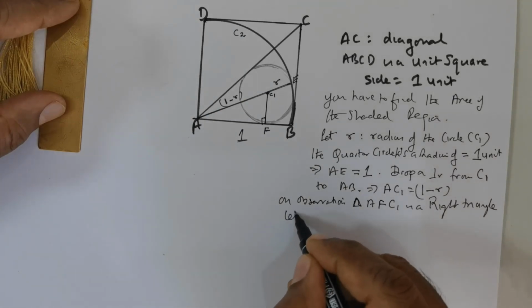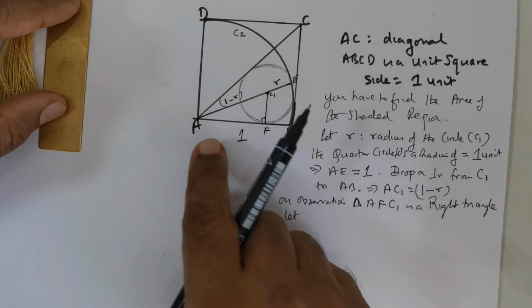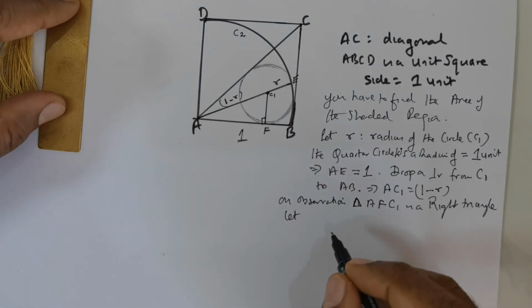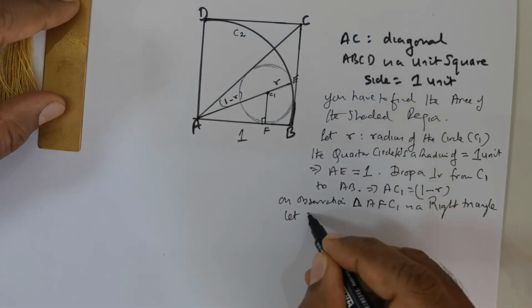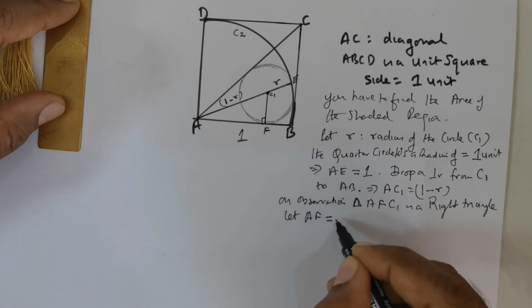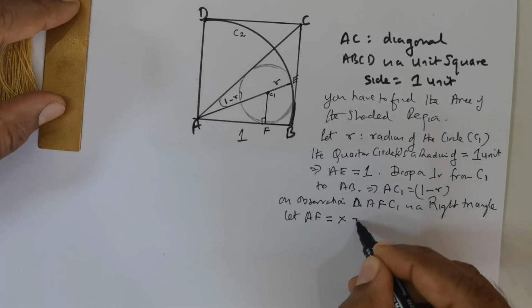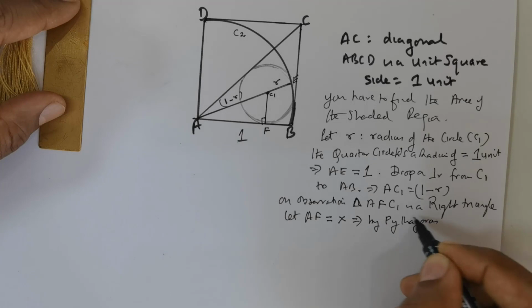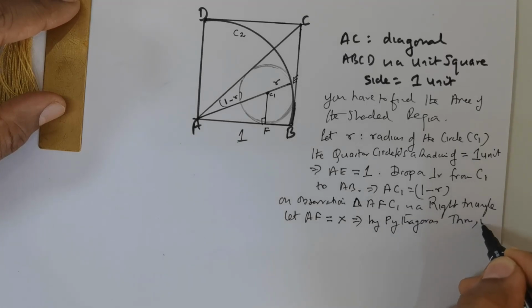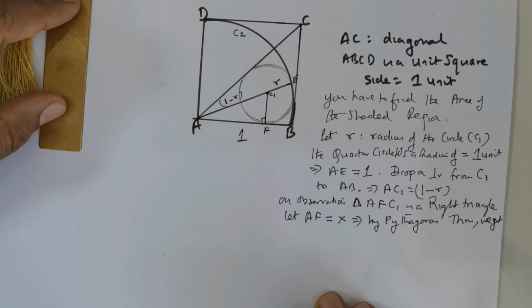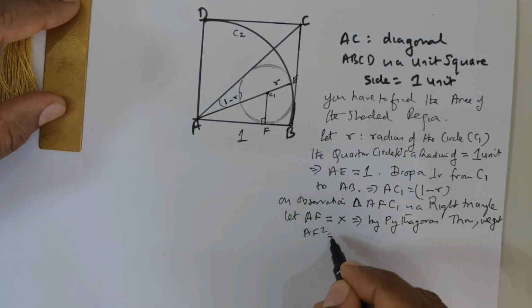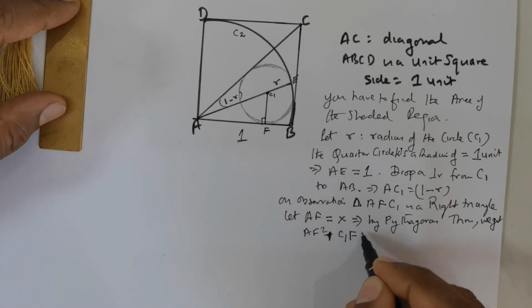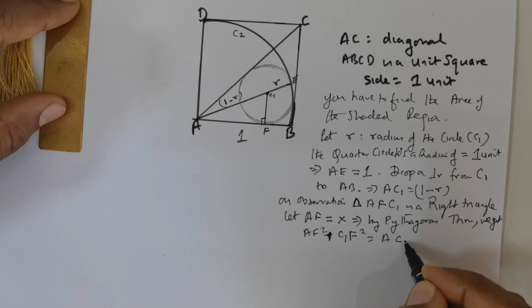So let me take this distance AF to be equal to some x. Let AF be equal to some x. So this would mean by Pythagoras theorem we get, so what do we get by Pythagoras theorem? AF squared plus C1F squared is equal to AC1 squared.